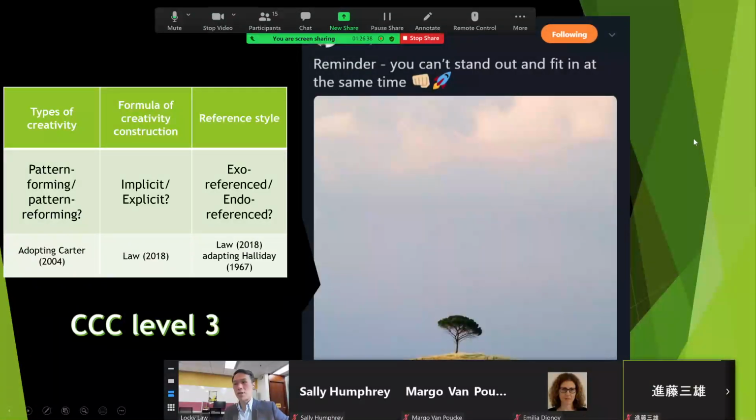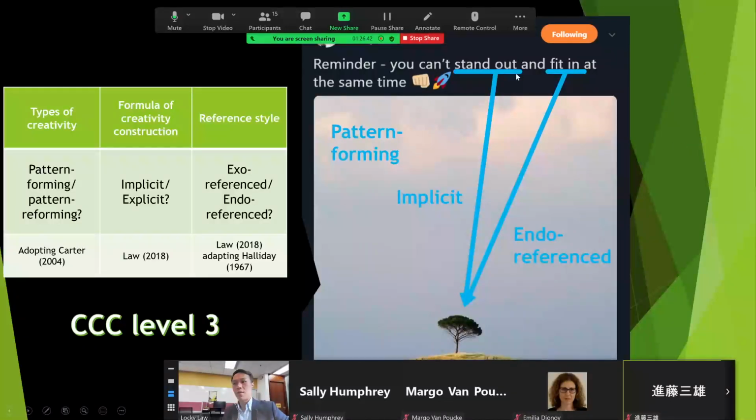So we're coming back to this one. This is by Chase Jarvis, and mostly we look at the keywords first, stand out and fit in. We'll see that stand out and fit in actually forms a pattern with the image, because we have the tree right at the top of the hill that stands out, and the tree is trying to fit into the environment. So these 2 are together, and therefore they are endo-referenced.